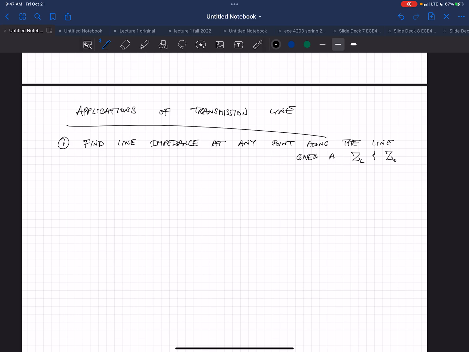So this is exactly the same problem we would have solved before. I don't remember the equation, so I have to look it up. This line impedance equation was Z sub 0 times (Z sub L plus j Z sub 0 tangent beta L) over (Z sub 0 plus j Z sub L tangent of beta L).